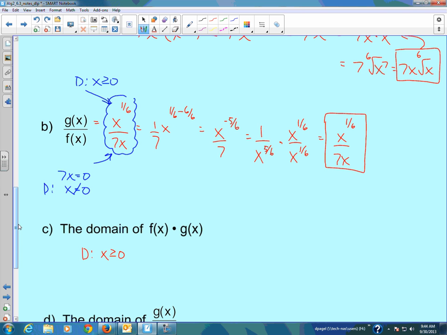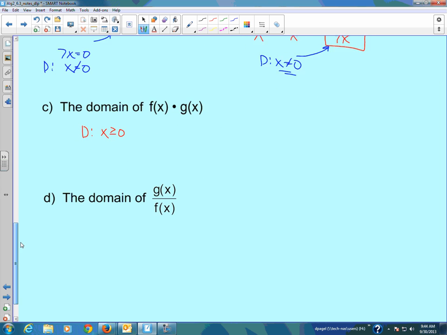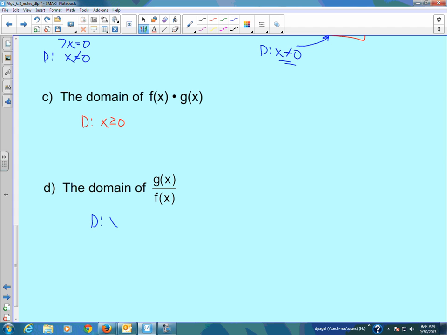And I see the same thing going on over here, where x cannot equal 0. I see the same thing here, where it says the domain must be greater than or equal to 0. But this is going to change that final solution domain-wise to just simply be x's greater than or equal to 0, or again, all positive reals.